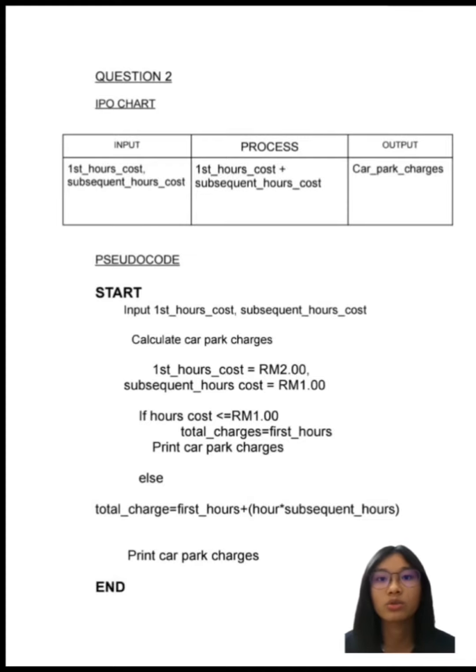And then we need to write if our cost is less than or equal to 1 ringgit, the total charge is equal to the first hour, and print the car park charge. And for else, the total charge is equal to the first hour added with the hours multiplied by the subsequent hour, and then print the car park charge. Write end in the last line to end this pseudocode.